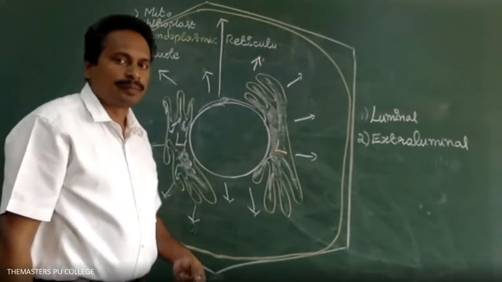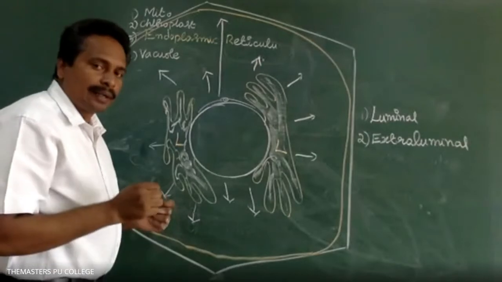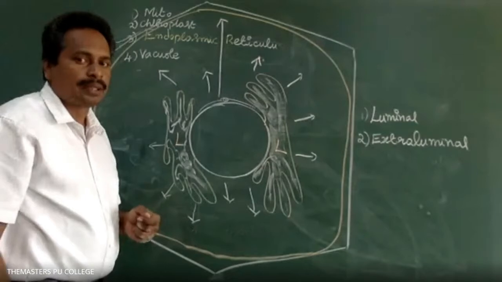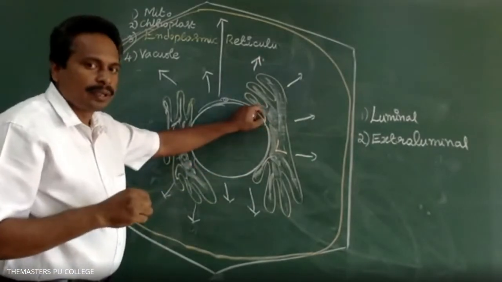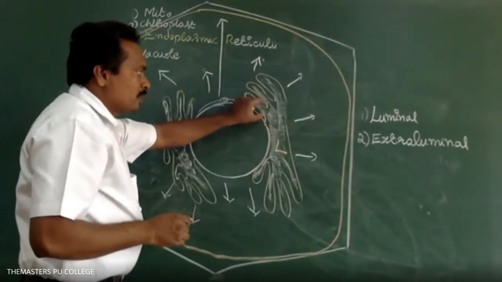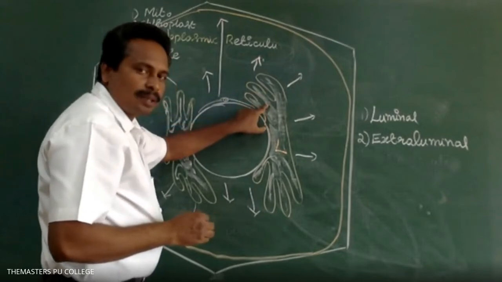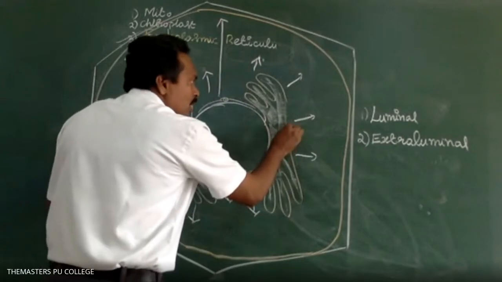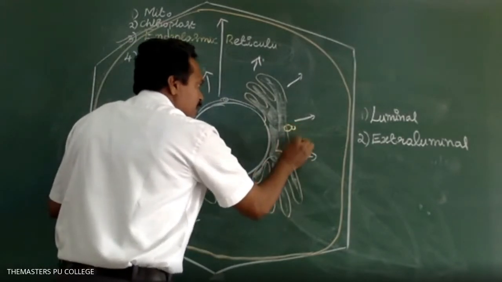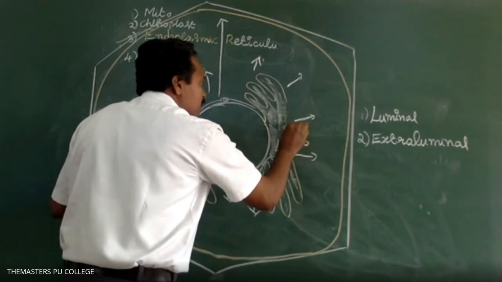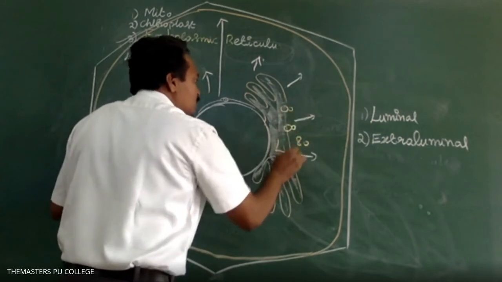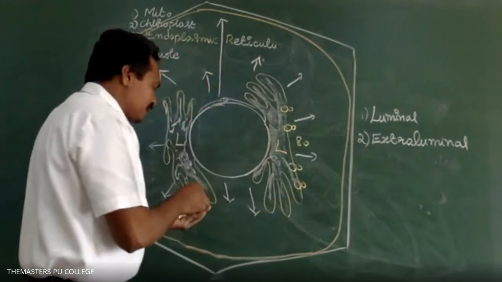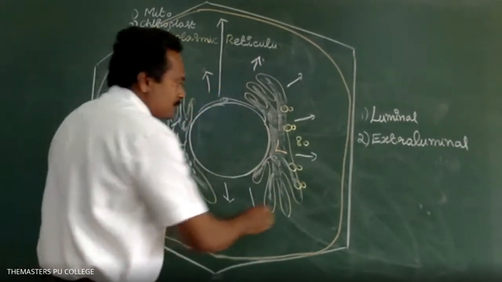Endoplasmic reticulum. Right. The endoplasmic reticulum is differentiated into two subtypes based on its nature. Some endoplasmic reticulum has 80S type ribosomes on its surface. Due to the presence of ribosomes on its surface, it is rough in nature.